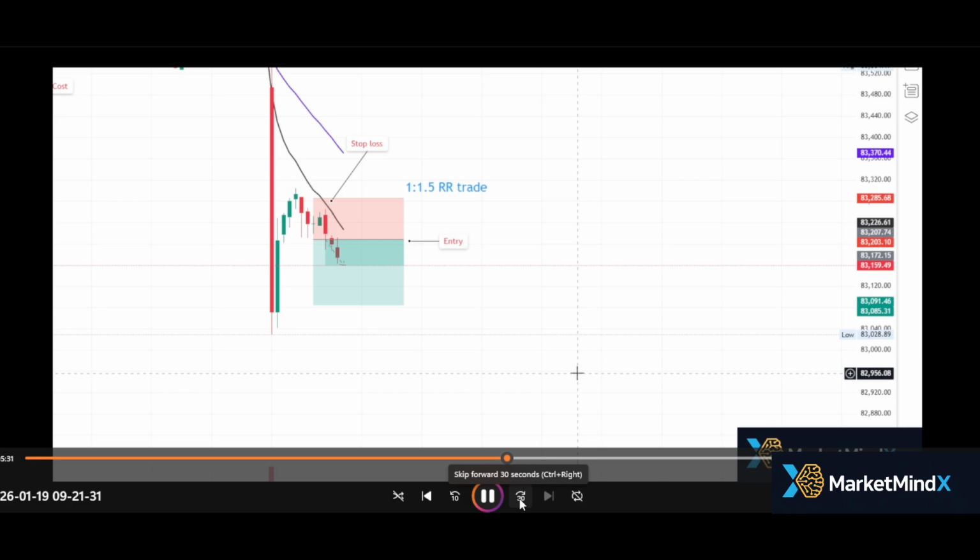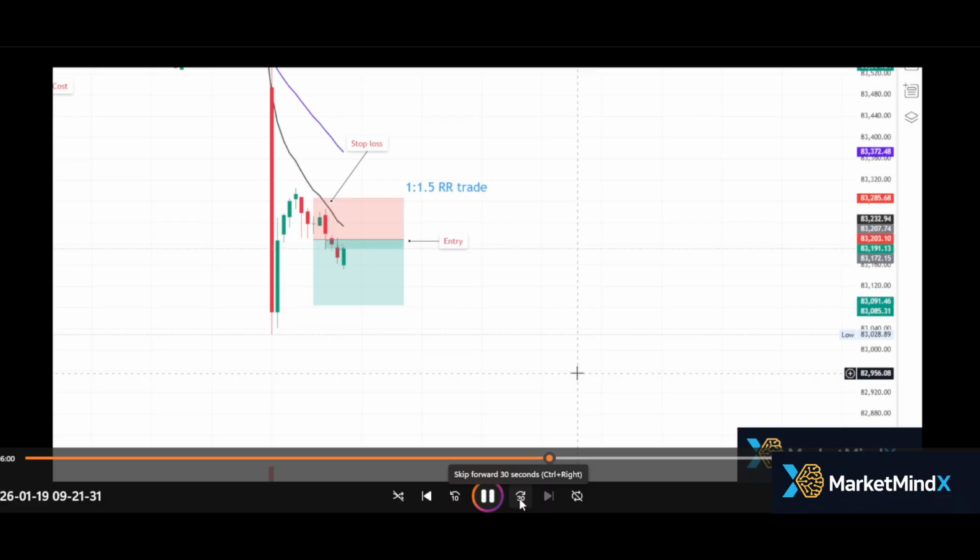Once it started moving in our favor, as usual we try to reduce the risk in the trade. My expectation was I was waiting for a green candle to form again, and after the green candle I was waiting for the next red candle to form so that I can reduce the risk.